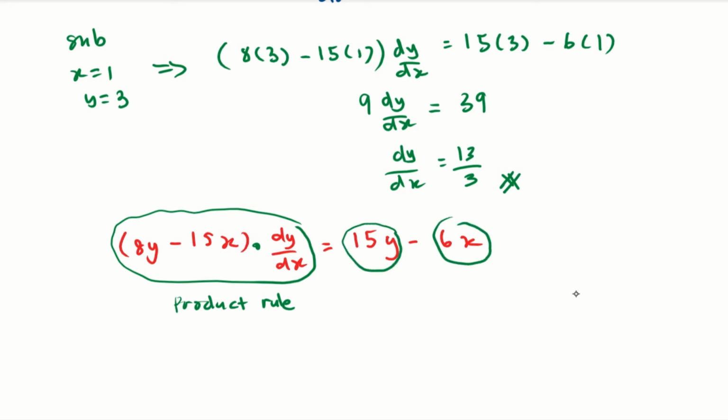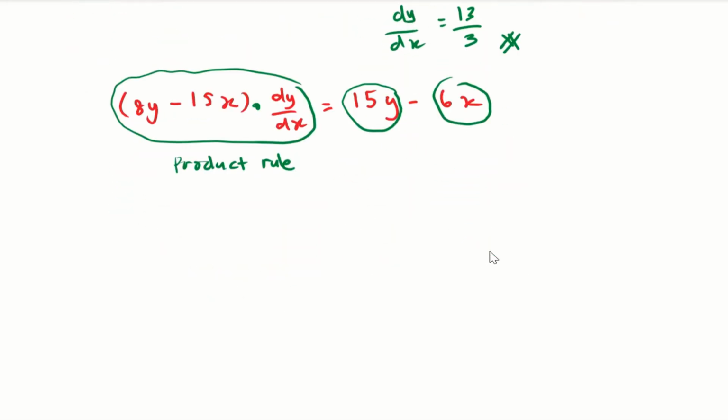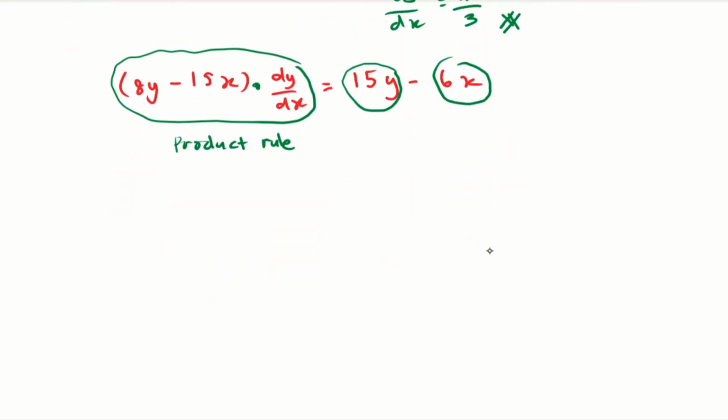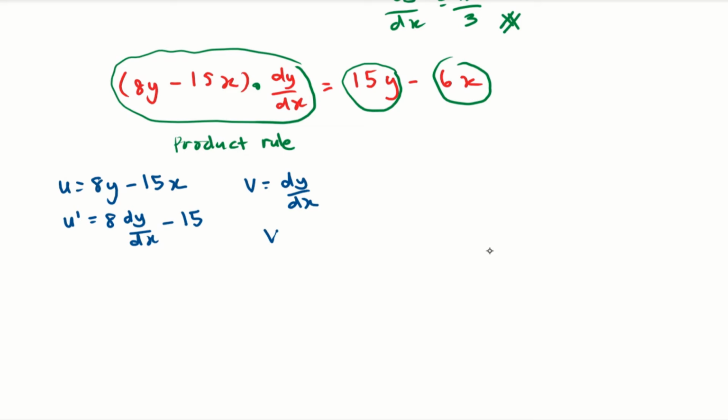Okay. So first yang nak apply product rule ni, so kita buatlah let u equals to 8y minus 15x. So u prime equals to, we differentiate 8y, we get 8 dy dx minus 15. Then v equals to dy dx. So v prime equals to d2y over dx squared. Okay, so we substitute into formula product rule, which is uv prime plus vu prime.